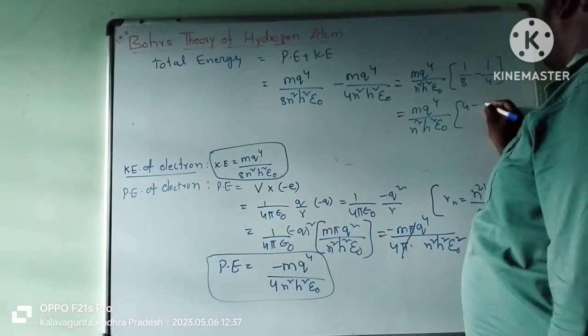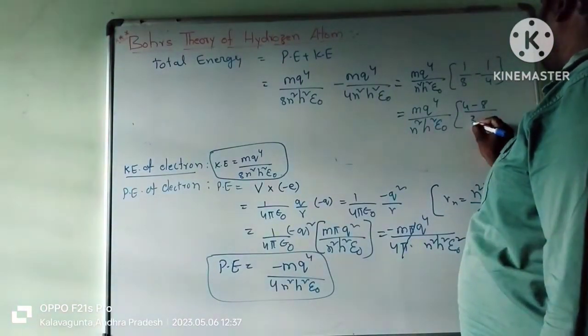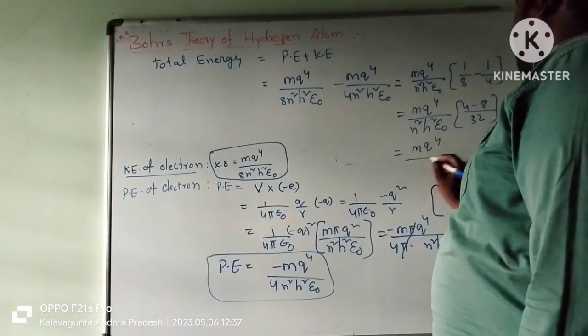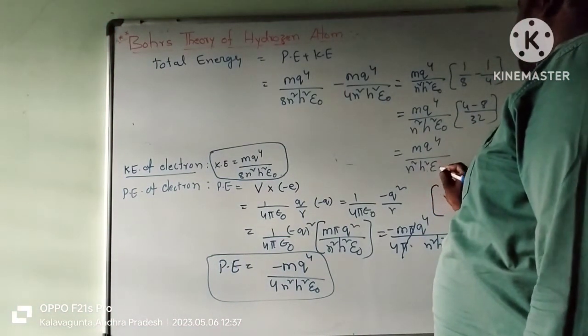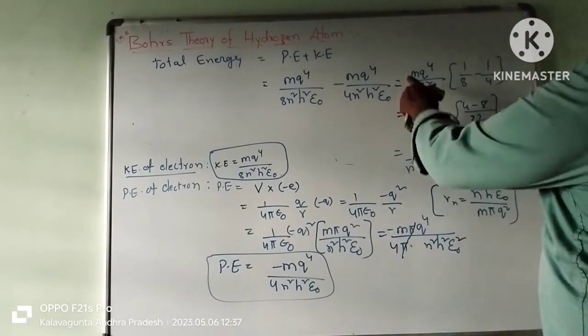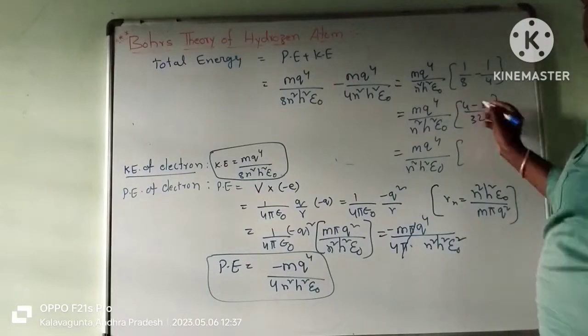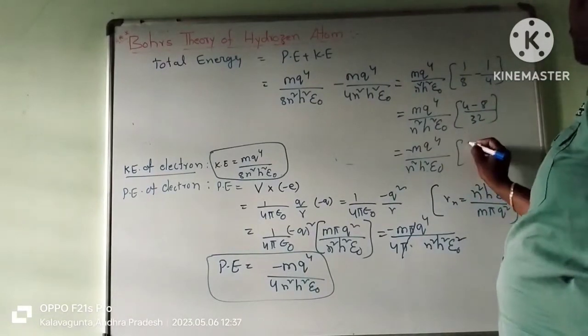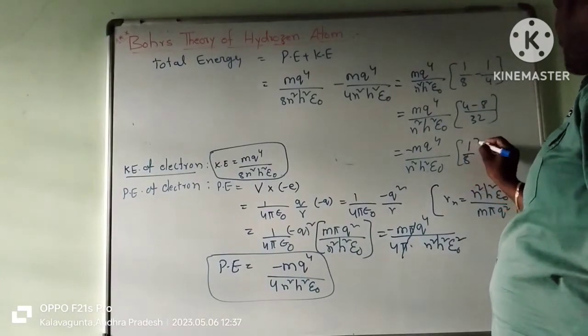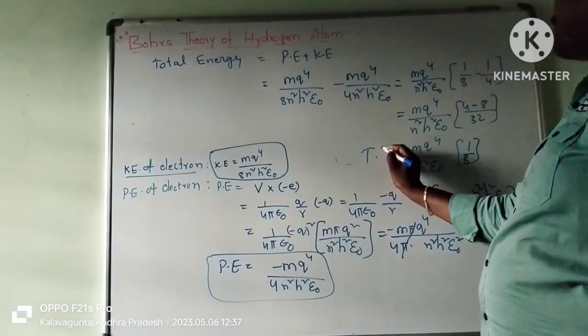So 4 minus 8 is minus 4 over 32, that is minus 4 by 32, which means 1 by 8. So this is the total energy.